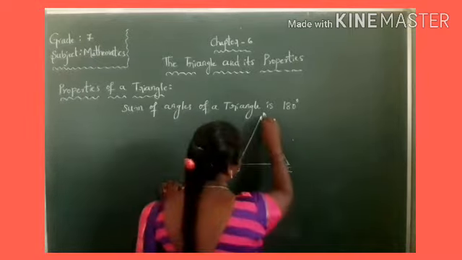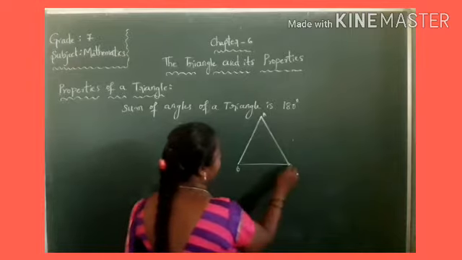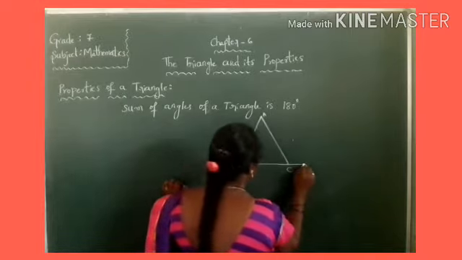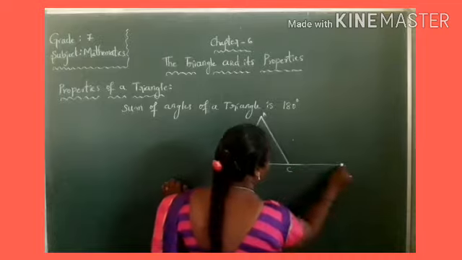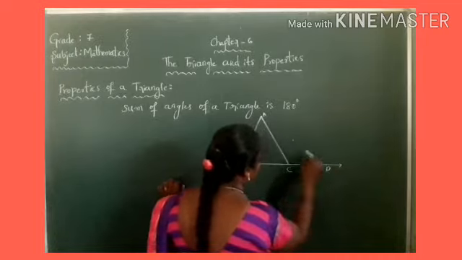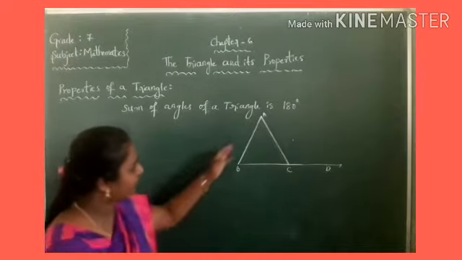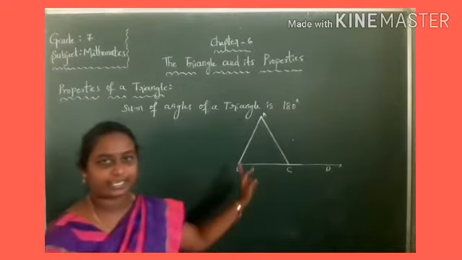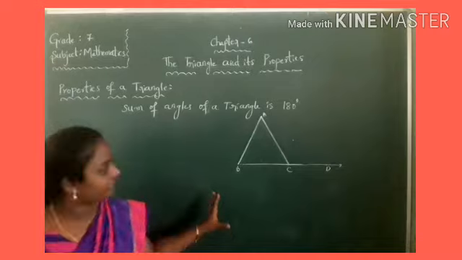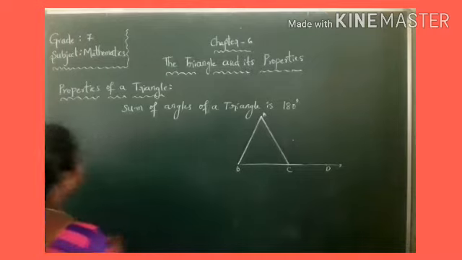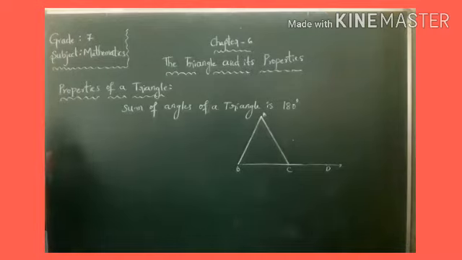In triangle ABC, BC is produced to D, then an exterior angle is formed. Angle ACD is called an exterior angle.